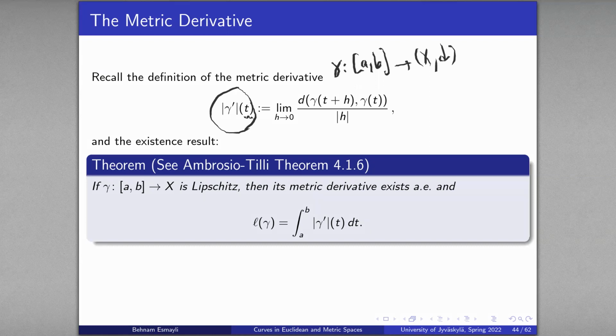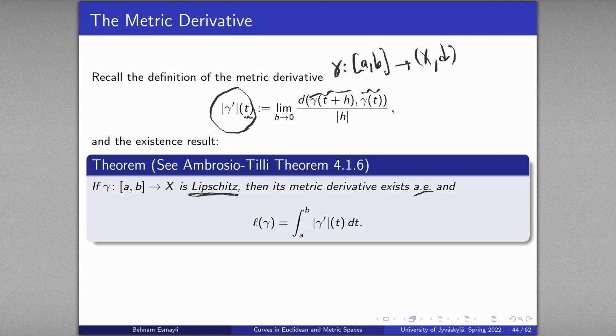And it's defined, of course, only using the metric structure. So you compare the distance of gamma t to gamma t plus h, and you take a limit. The significance of this metric derivative notion was that for Lipschitz curves, this derivative exists almost everywhere.